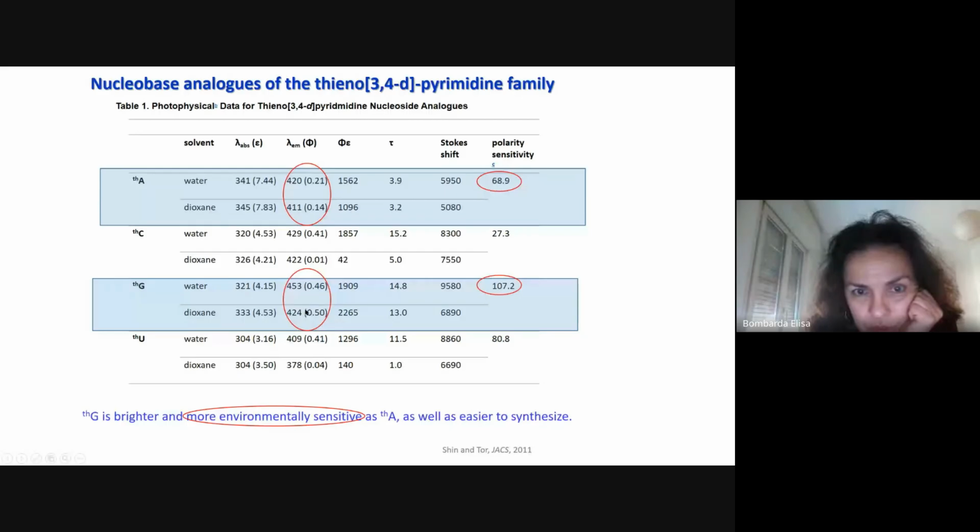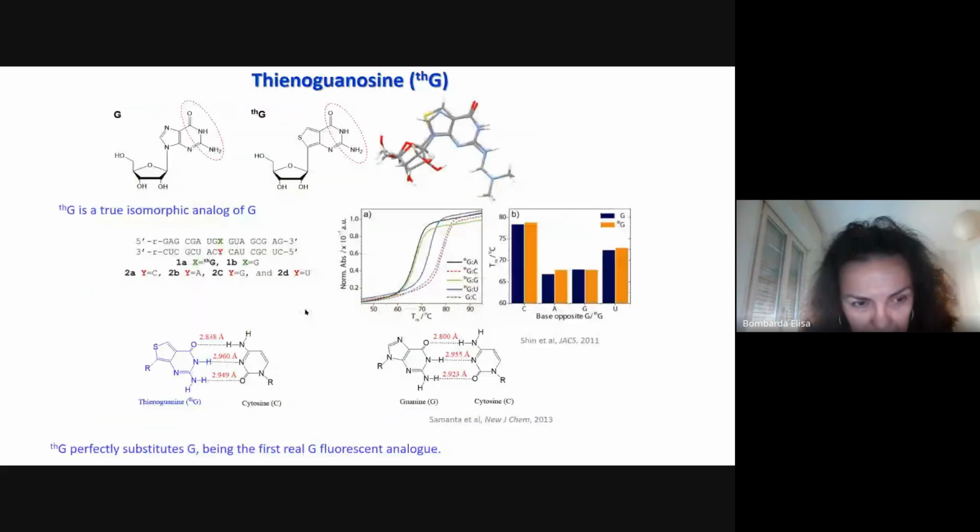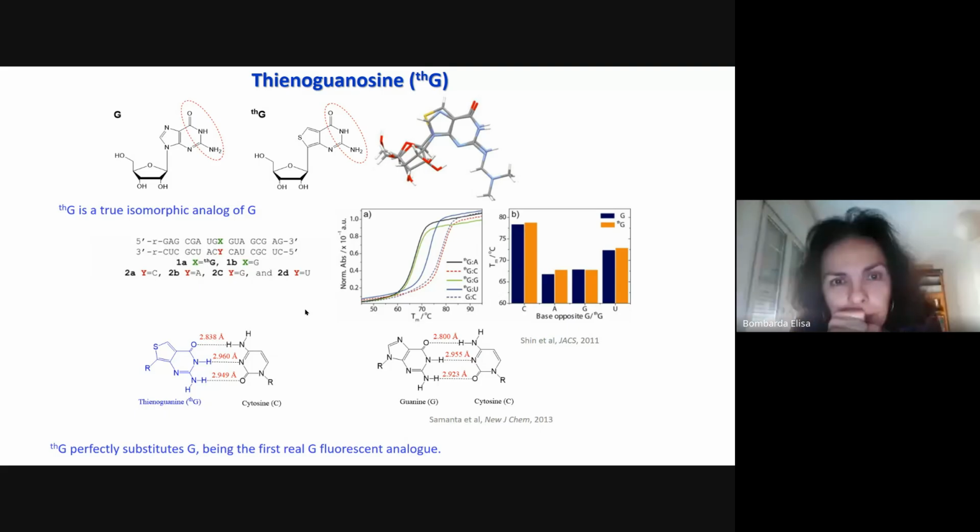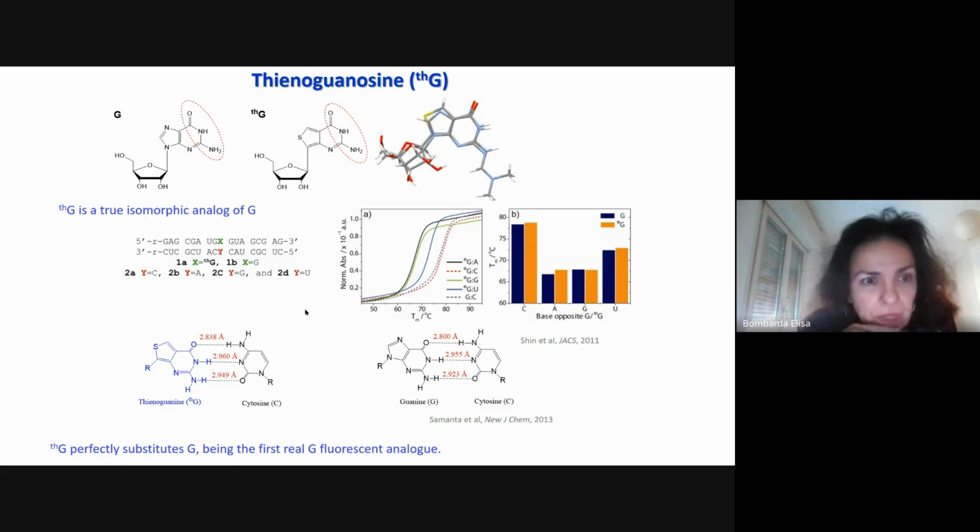And moreover, it is also easier to synthesize. And our lab is working with this fluorescent nucleoside analog, and actually made a huge work for characterizing these bases, this compound.